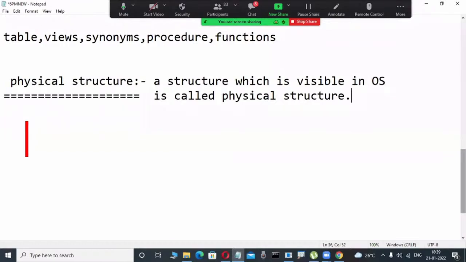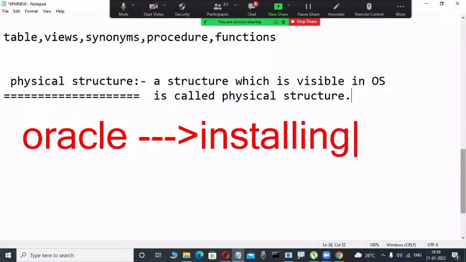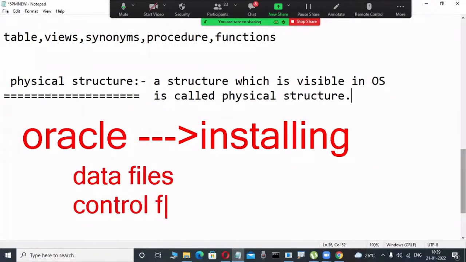Same like that, Oracle is a relational database software, and also MySQL and SQL Server. Whenever I'm installing Oracle, automatically some physical files are created. These are data files, .dbf files, control files, and also redo log files.